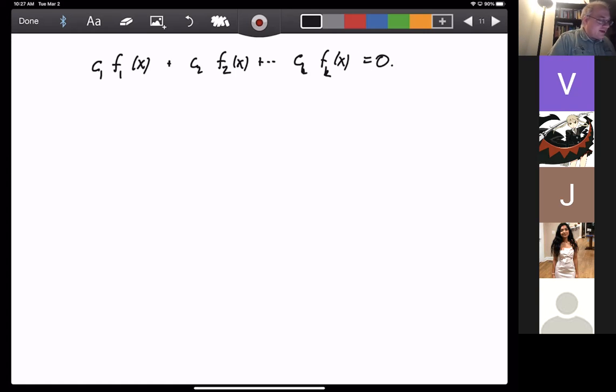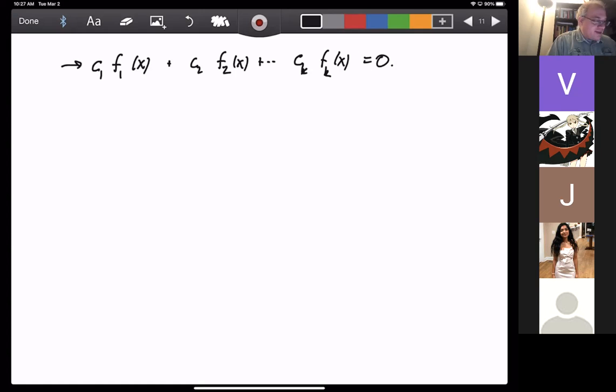If we could somehow get to a linear system so that we could use what we saw before, maybe we'd have a better idea of being able to handle this. So the question is, are there related equations that we can build if we know this is true? And the answer is yes.